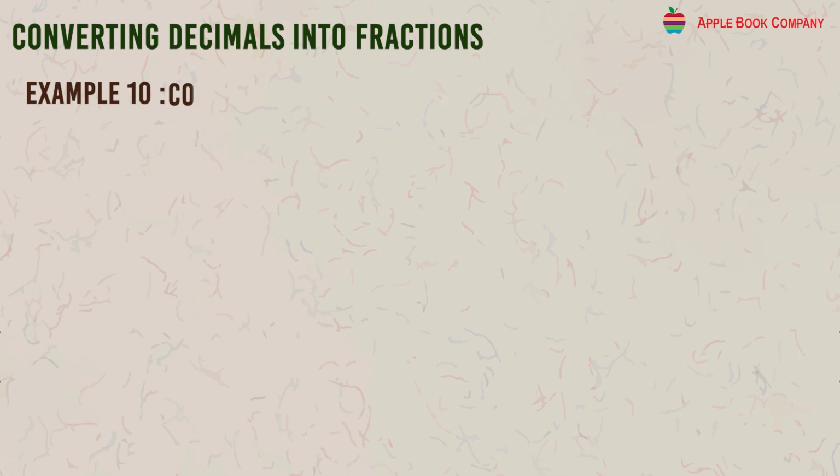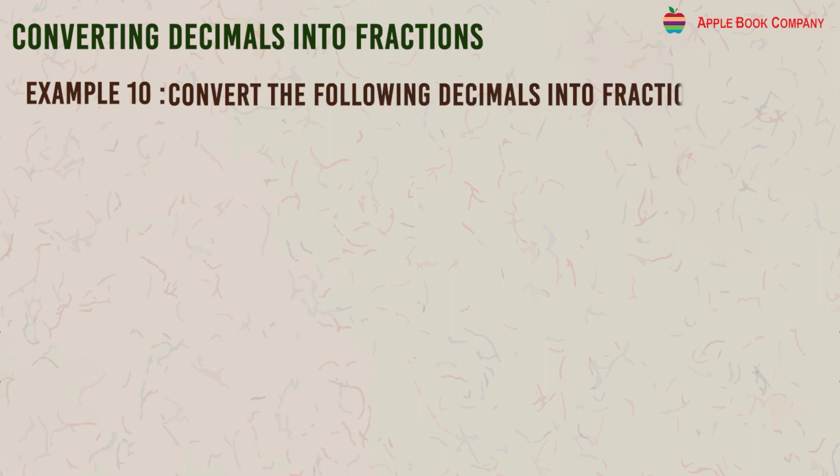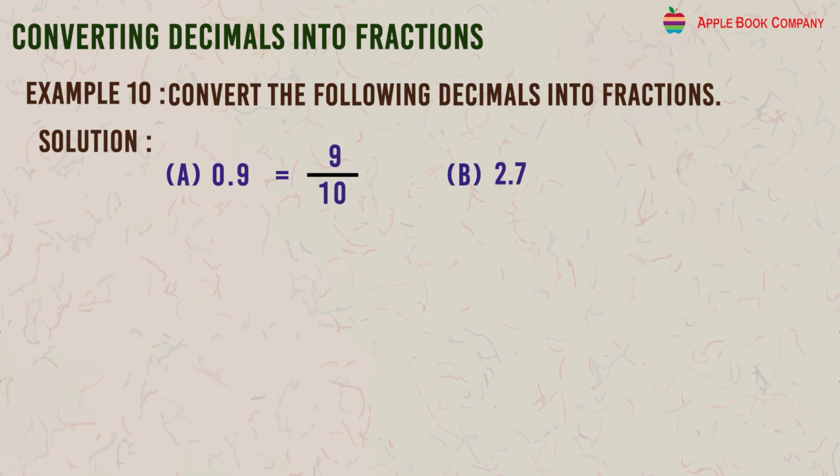Example 10. Convert the following decimals into fractions. A) 0.9. It can be converted into a fraction when we write it as 9 by 10. B) 2.7. 2.7 can be written as 27 by 10.